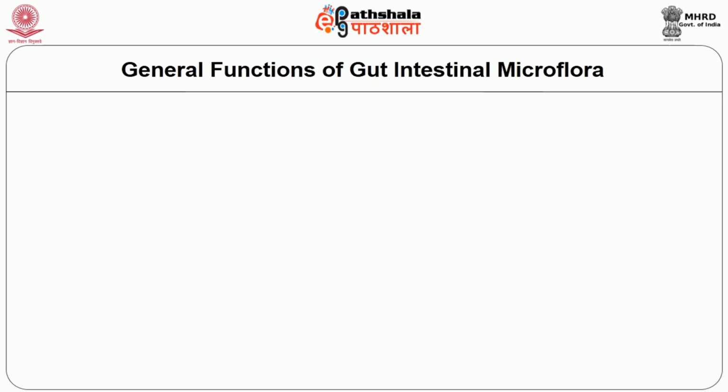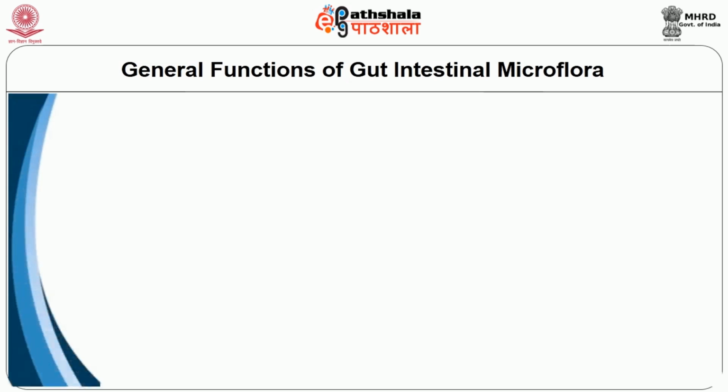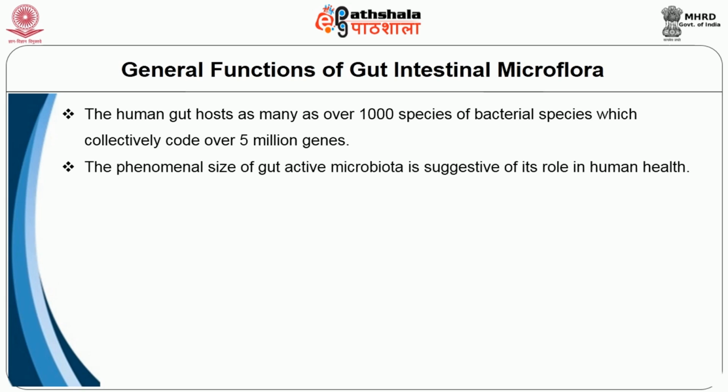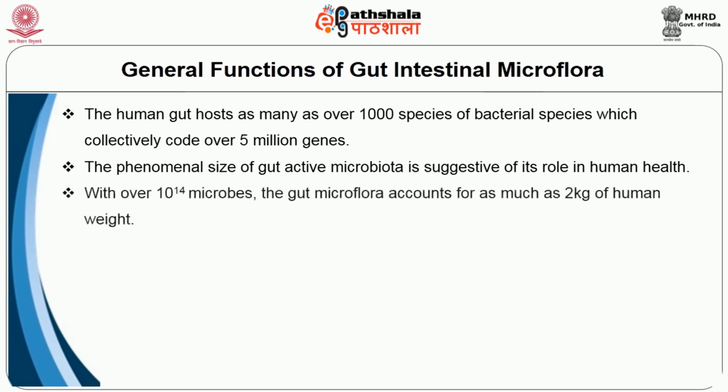Module on general functions of gut or intestinal microflora. The human gut hosts as many as over 1000 species of bacteria which collectively code over 5 million genes. The phenomenal size of the gut microbiota is suggestive of its role in human health.